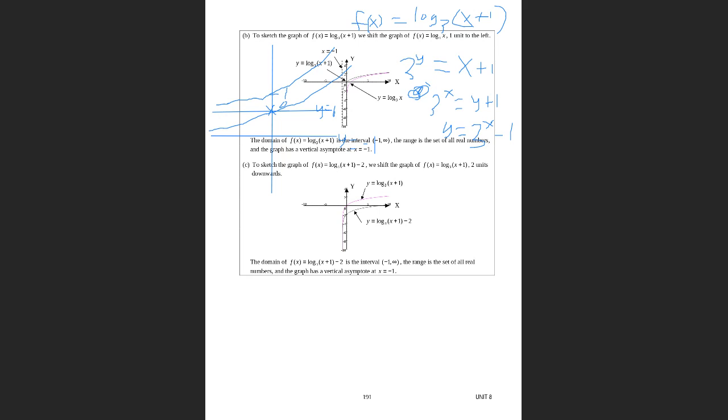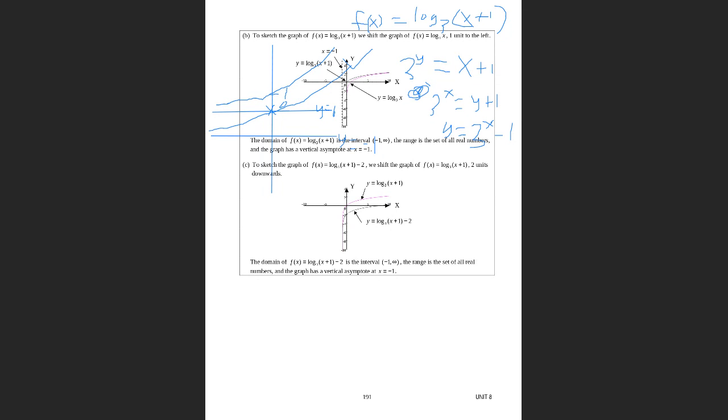We have plotted the original graph. Now if it comes to the inverse, it is the same thing. We know that with this graph, your asymptote was y equals negative 1.